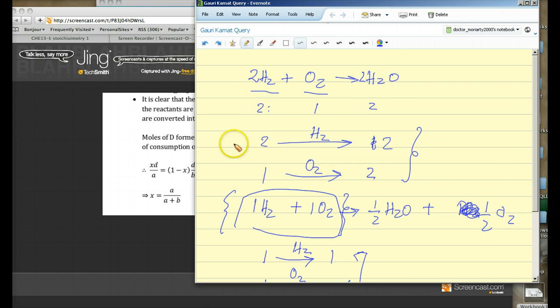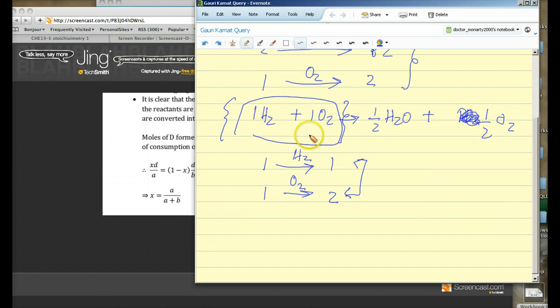If you did mix them in a correct stoichiometric ratio, which means neither of these two is the limiting reagent, then you can see that consumption of hydrogen gives you 2 moles of water, consumption of oxygen gives you 2 moles of water. Moles of water formed due to consumption of hydrogen equals moles of water formed due to consumption of oxygen. In this case, however, you have mixed them in non-stoichiometric ratios.